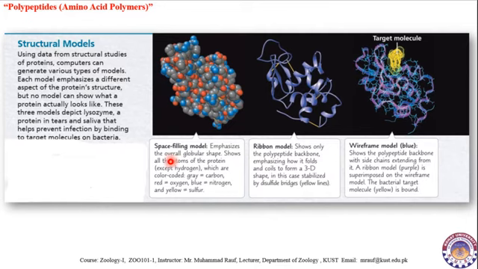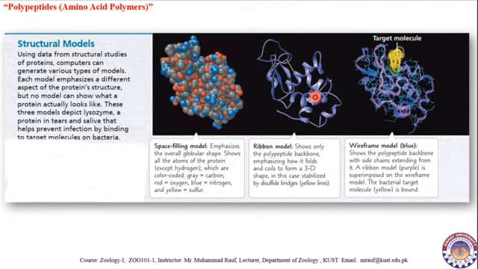So now we analyze those three different types of models of the lysozyme protein. The first is the space filling model. In this model, all the atoms present in the protein are shown, so it gives this type of a structure.